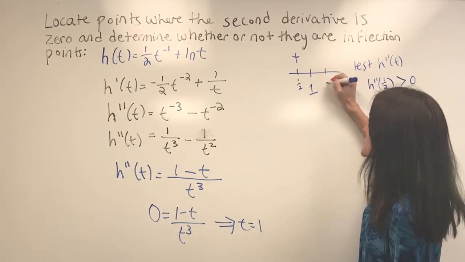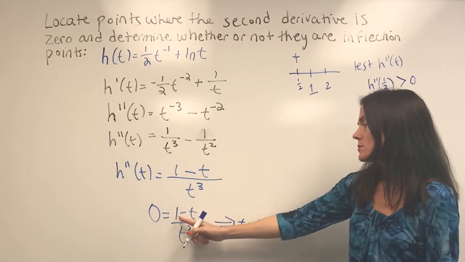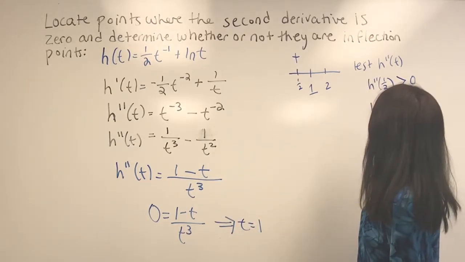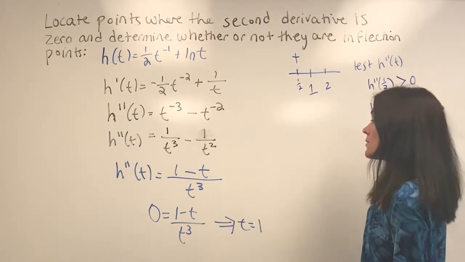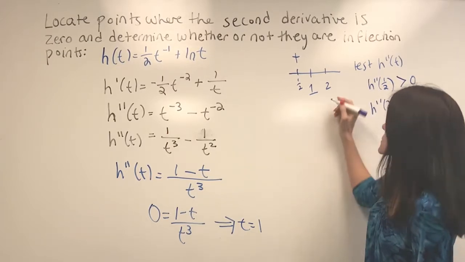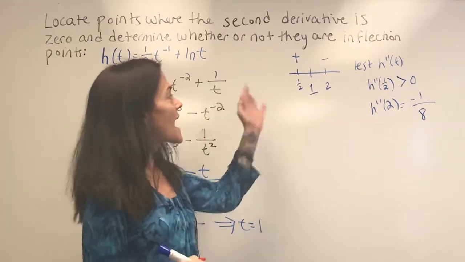And if we were to test, for instance, 2, 1 minus 2 is negative. This one I'll write out. So this is negative. In fact, you can see the concavity switches.